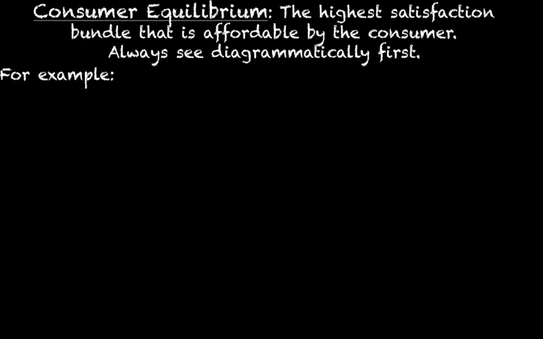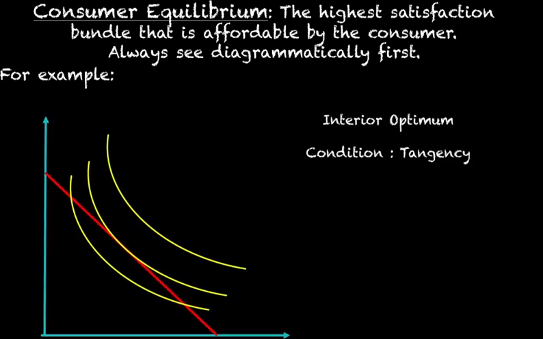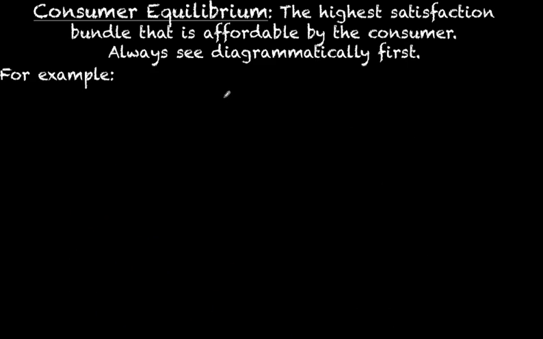We always have to say diagrammatically first. You may see a few functions sometimes which you may feel that you already know the answer to. But before jumping to the conclusion, you always need to see it diagrammatically, right? So whenever you need to figure out where the equilibrium is lying, you draw a rough sketch.